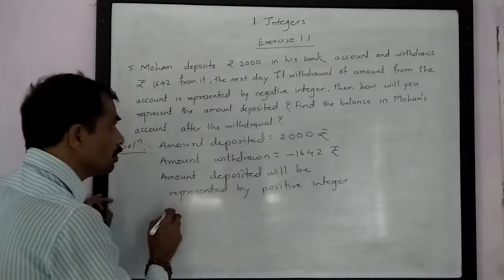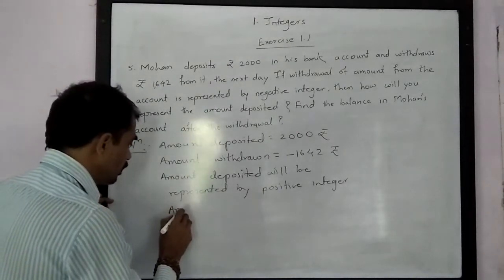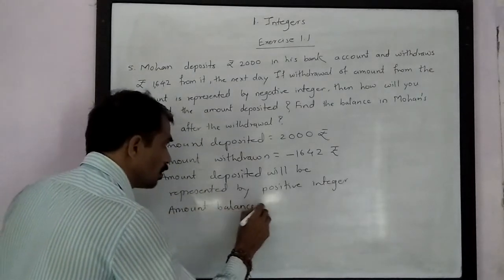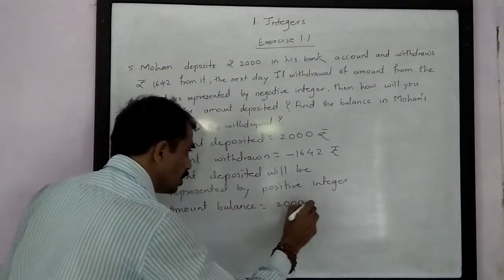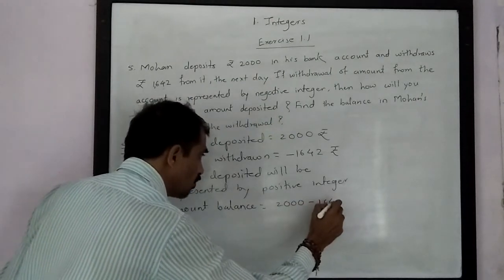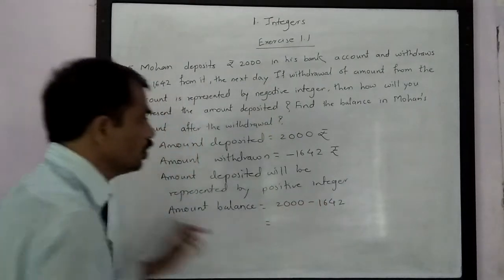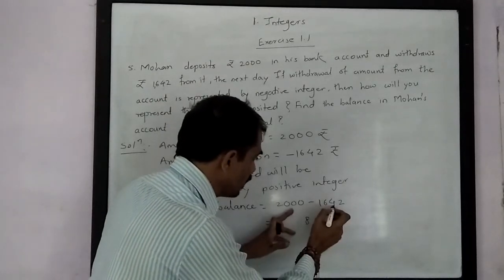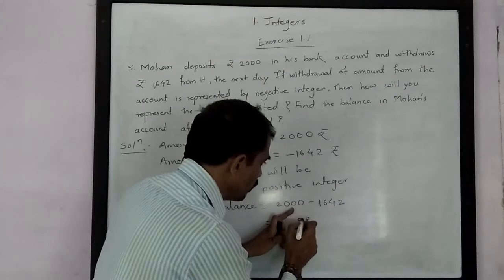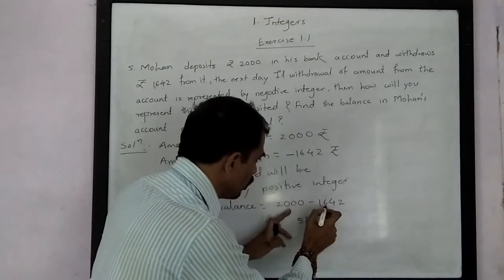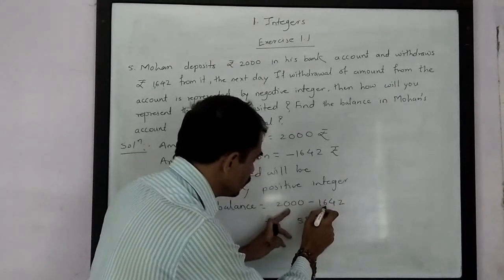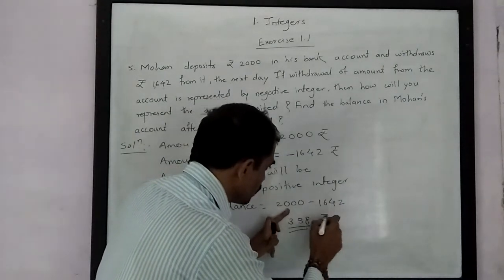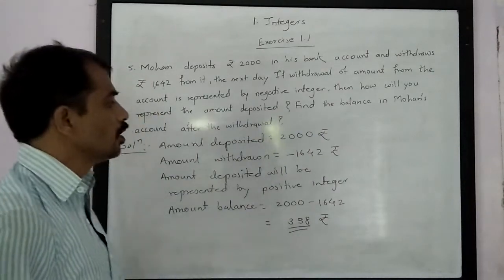So balance is equal to 2000 minus 1642. So 0 minus 2, borrow, is 8, then again 5, again borrow, you will get 358 rupees.